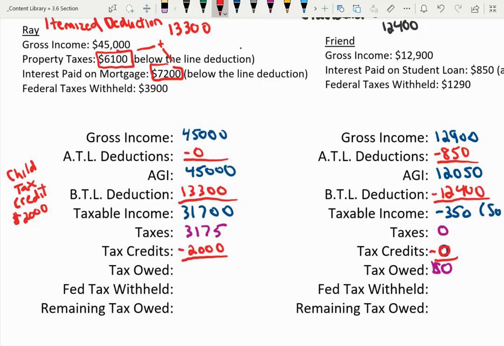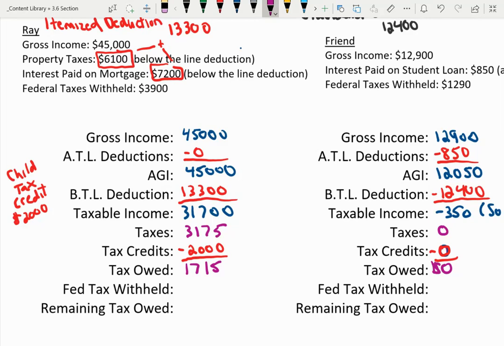It's not lowering the amount that you could be taxed on. You're actually taking $2,000 away from your bill. So once you take away that 2,000, Ray is left owing, I believe, $1,715. So that's what Ray owes in taxes.